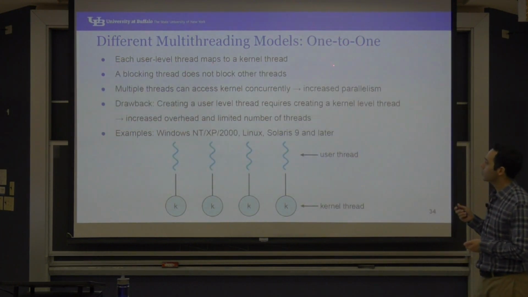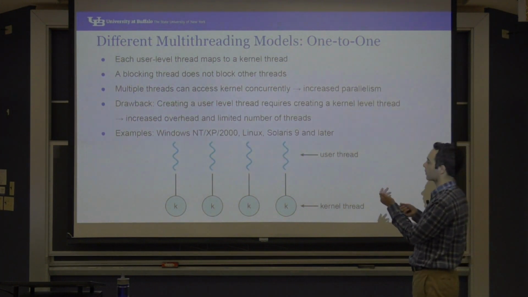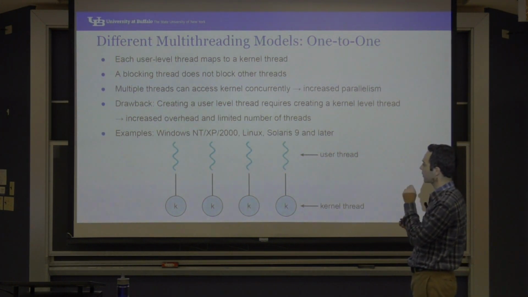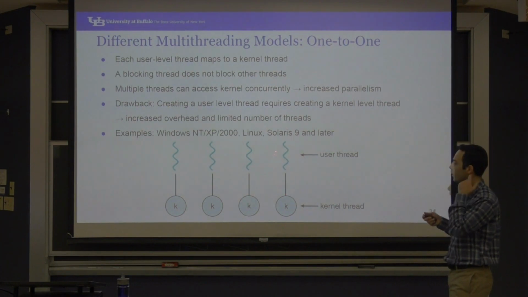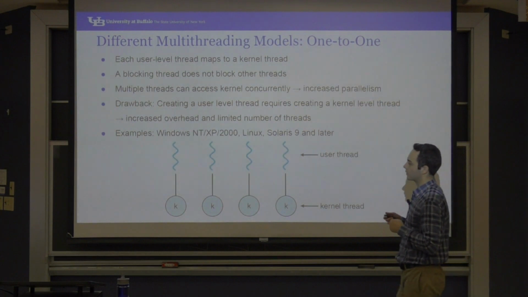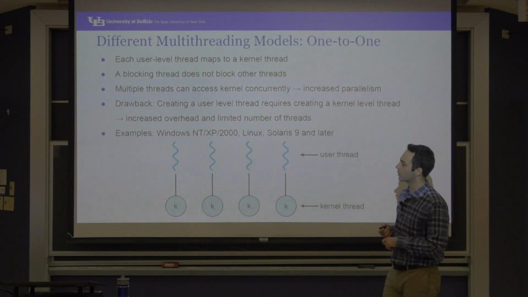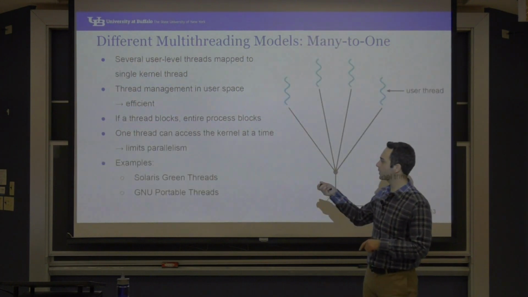We also have a one-to-one model, which is something that might make more sense to you just because it's what you use, and that is where each user thread is assigned a kernel thread. This does not have the downsides that we showed in the last slide.